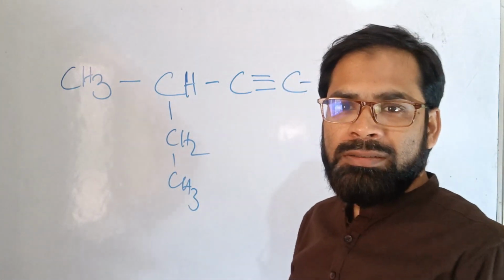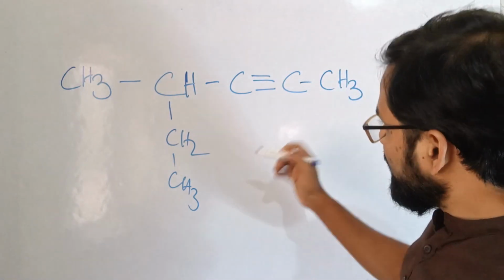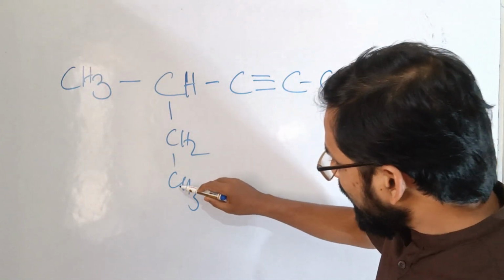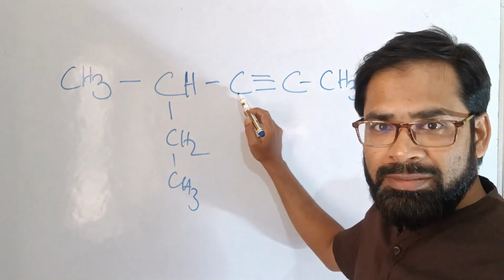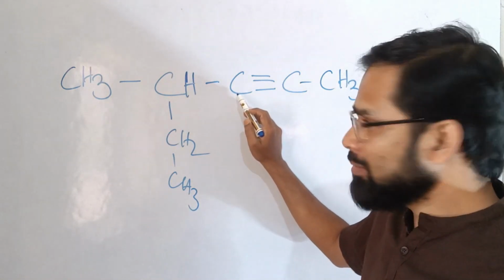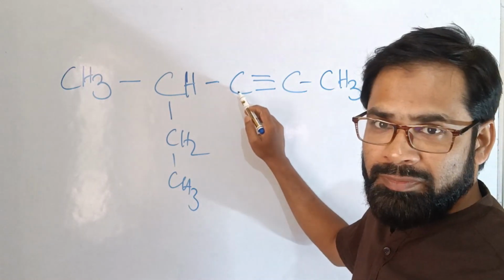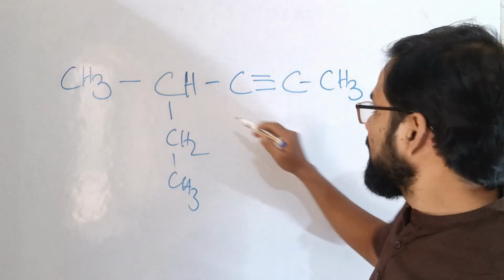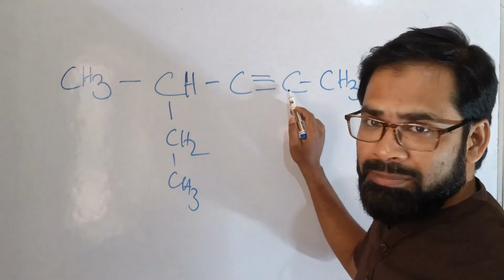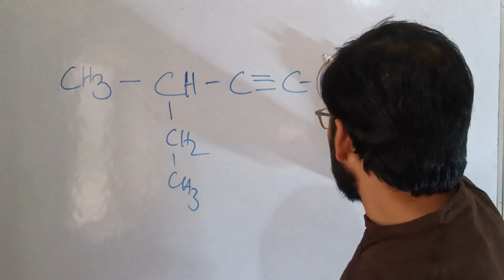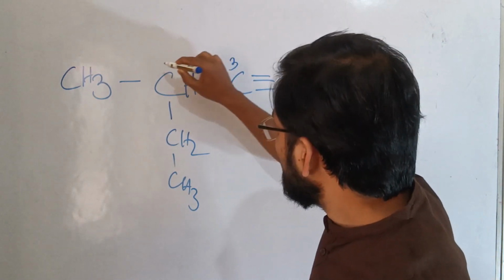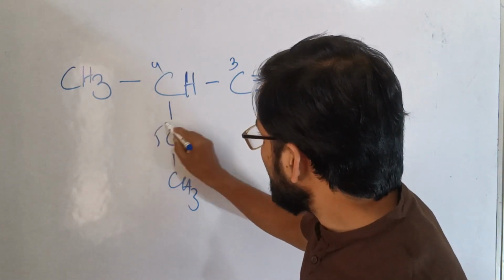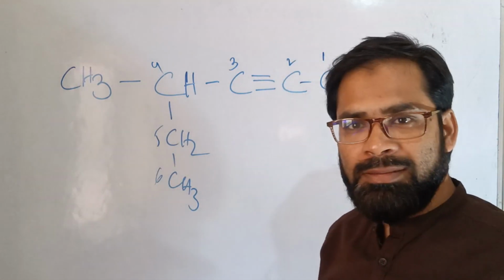Now the numbering. If you start numbering 1, 2, 3, 4, the fourth carbon will get the triple bond first. But from the other side, 1, 2, the second carbon. So definitely we have to start the numbering from here. 1, 2, 3, 4, 5, 6.